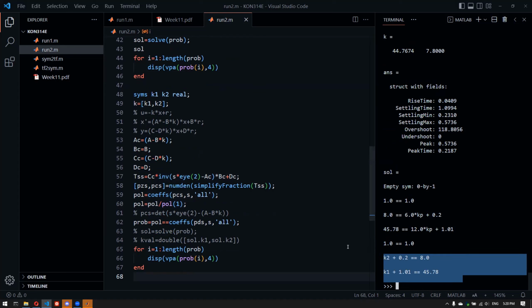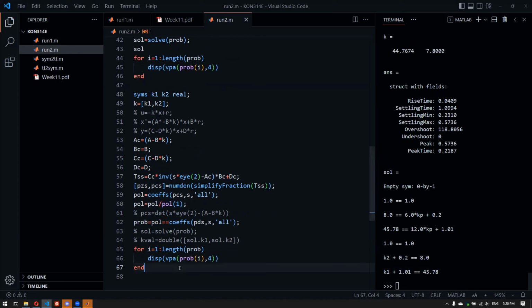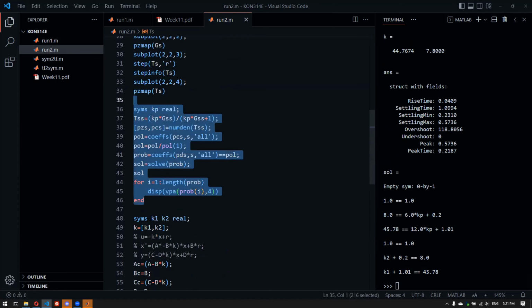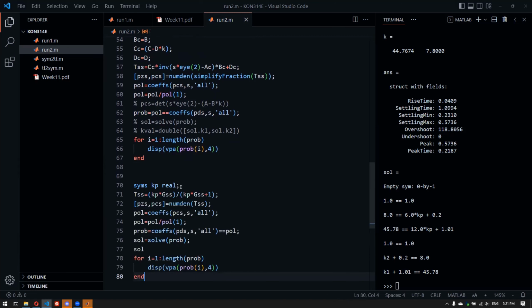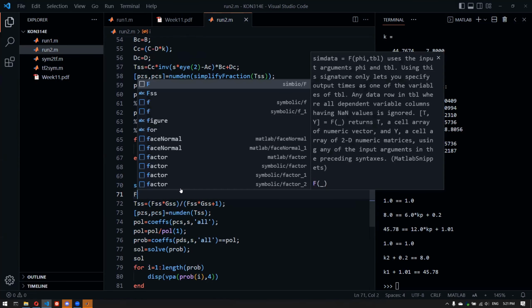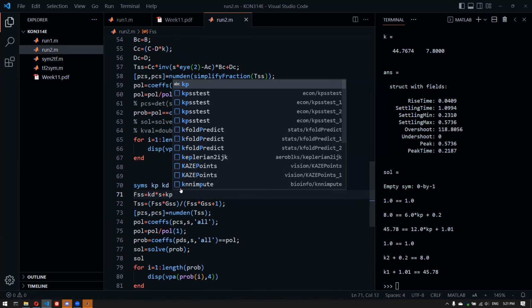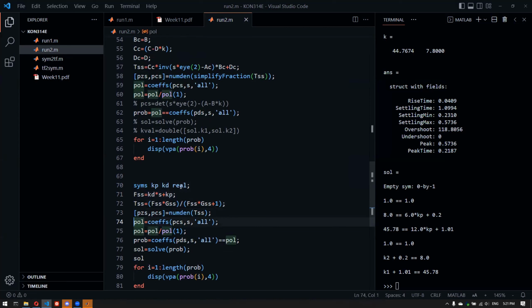And the equivalent of this is basically the following. We can get the same result by trying to basically design another controller. Kp is not enough, so let's opt for a PD controller. And for that, we need Fs, of course, or it could also be a PI controller. Fs is Kd times s plus Kp. So that could be the case.